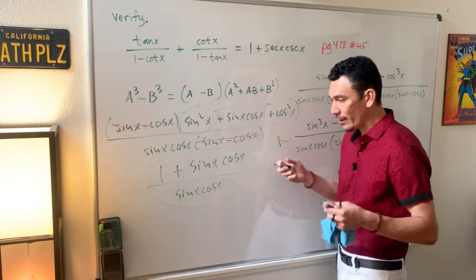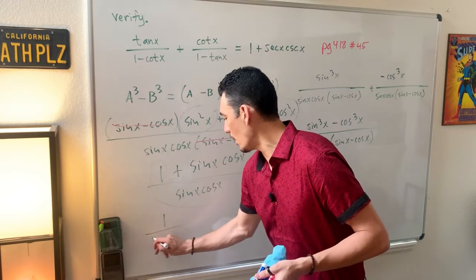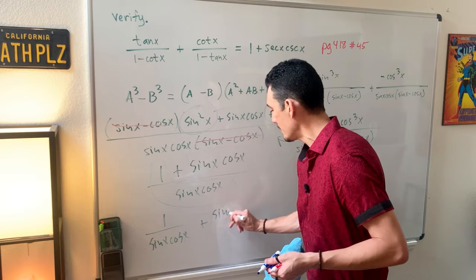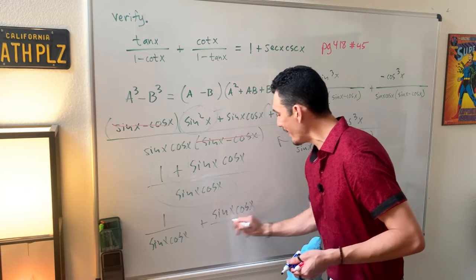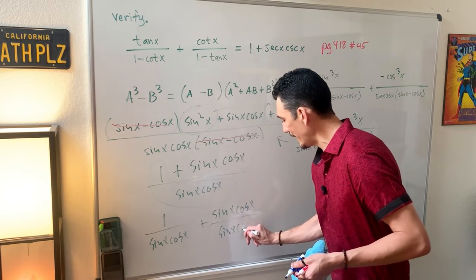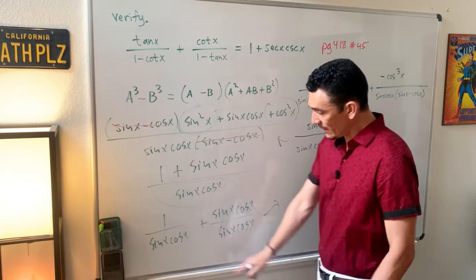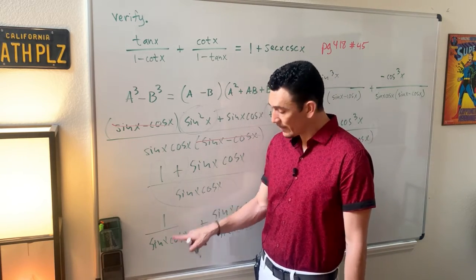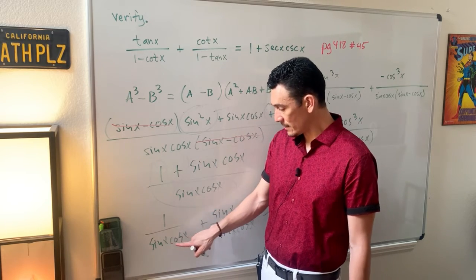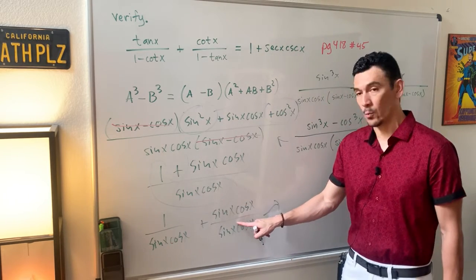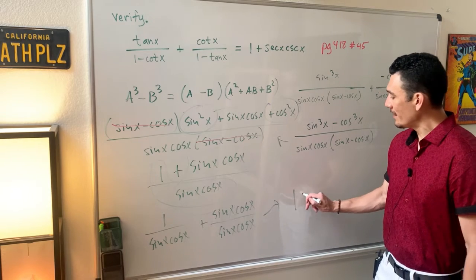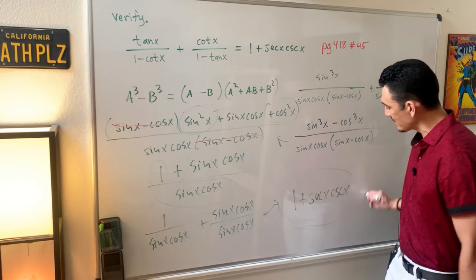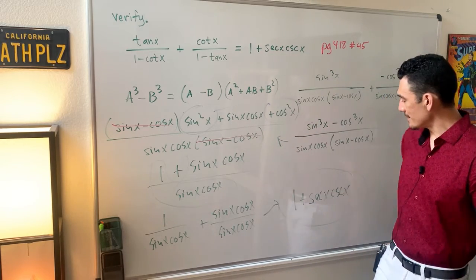If I rip it apart into two fractions, it's 1 over sine cosine plus sine cosine above sine cosine. And here, this can come to the top, and this can come to the top. This would become cosecant, this would become secant, and this is just 1. So I have 1 plus secant x cosecant x, which is the desired result.